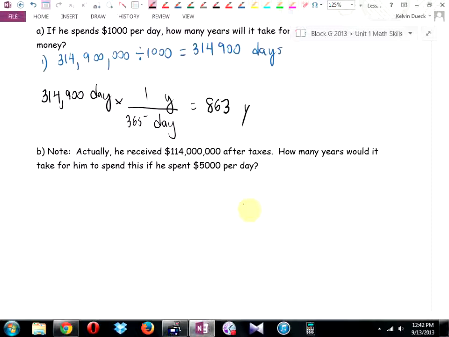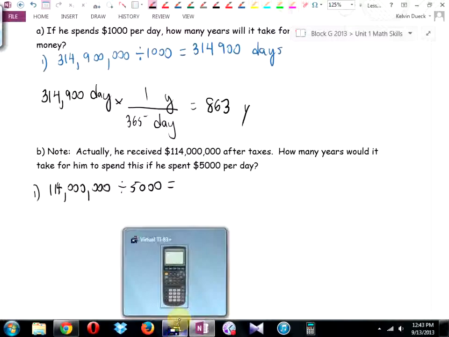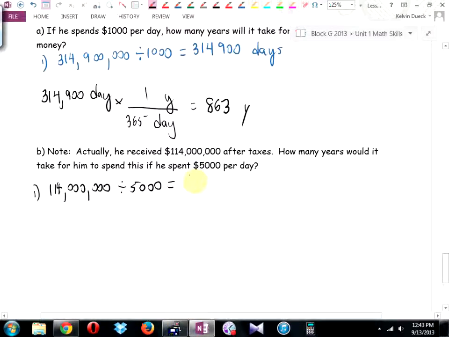Well, let's start off doing the same, because we divided the amount of money by $1,000 per day to find out how many days. Let's divide it by 5,000. So 114 million divided by 5,000 is how many days? 22,800. 22,800 even? Anybody else? Yes? Okay.